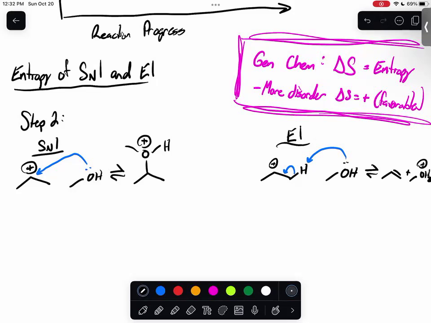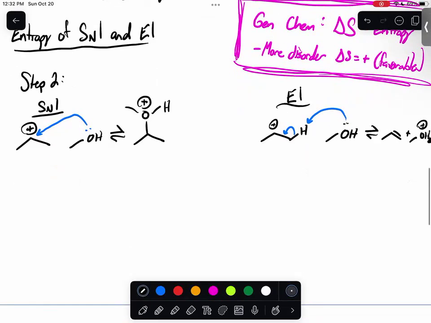Here's the thing, when we're looking at these two reactions, for the first one, we start with two reactants, but we end up with only one product. What this is doing is becoming more ordered, right?